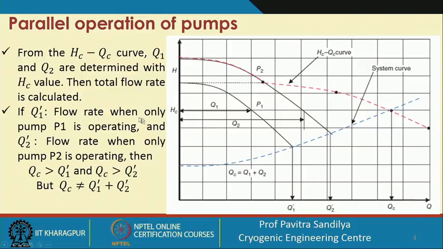That is why QC will not be equal to the summation of the individual or stand-alone pump flow rates. It is the flow rate whenever these two pumps are operating together. At that point, the sum of Q1 and Q2 gives us the actual flow rate, and not when the two pumps are operating as stand-alone.